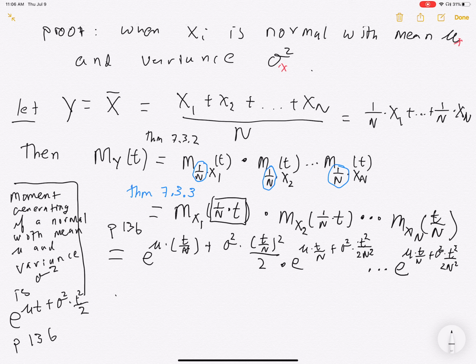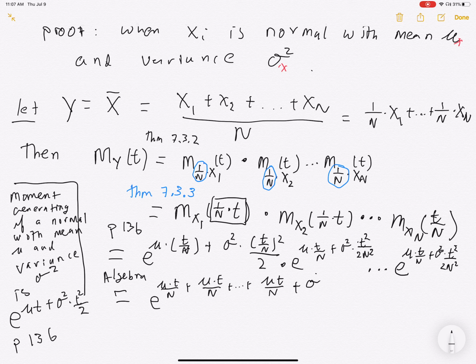And now I'm going to simplify just by doing algebra. And this is going to be e to the mu times t over n, plus from the next term, this is going to be mu times the t over n. That's going to keep happening n times. Then I'm going to add the portion that corresponds to the t squared.